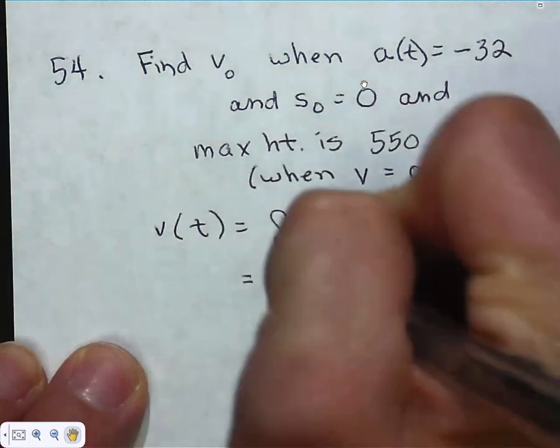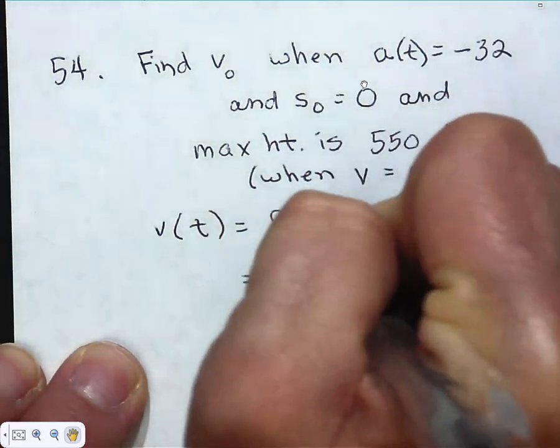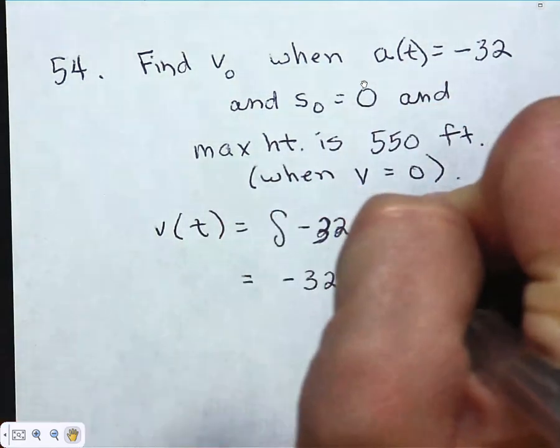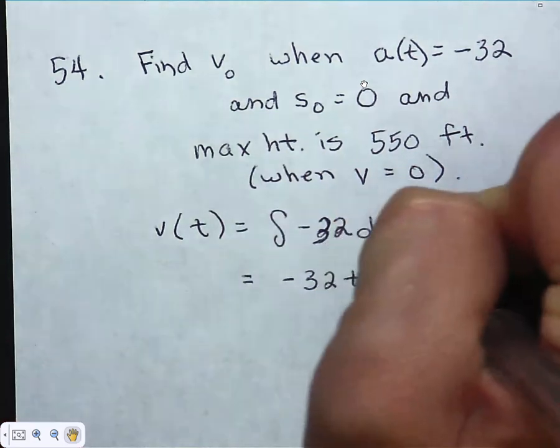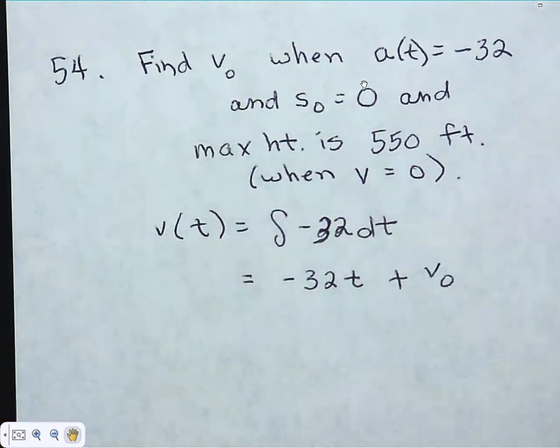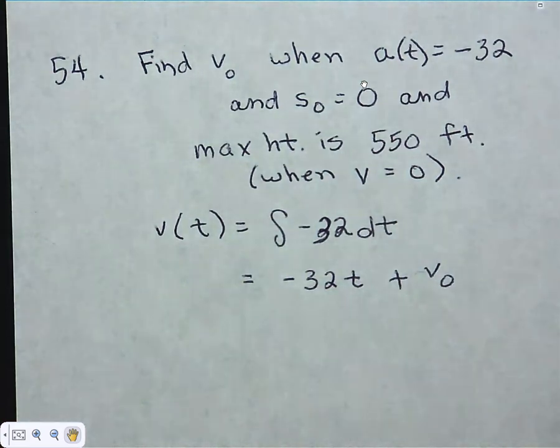So the velocity function would be negative 32t plus some initial velocity. That's the thing we're looking for. We don't know what it is. And then the position function comes from that.